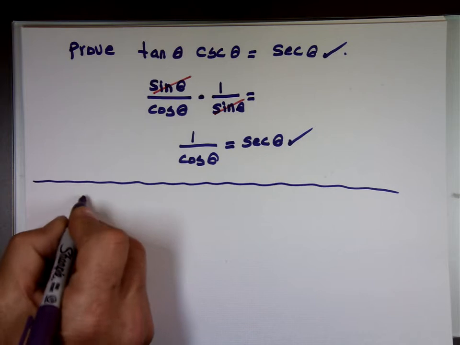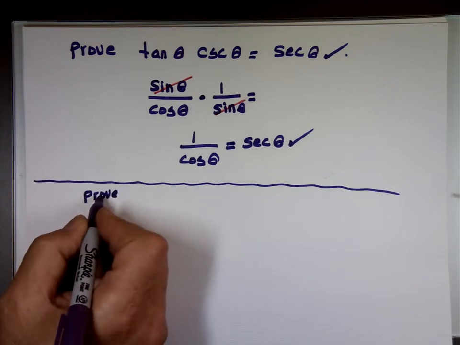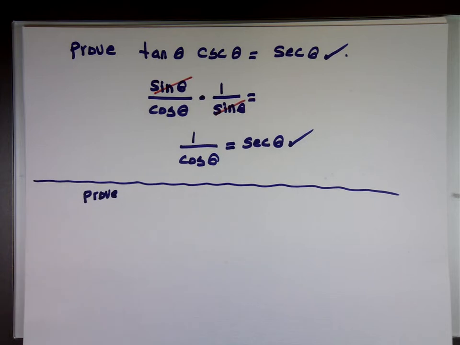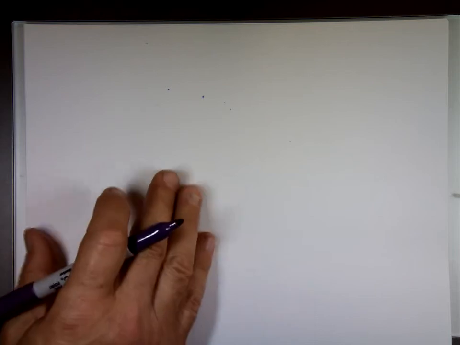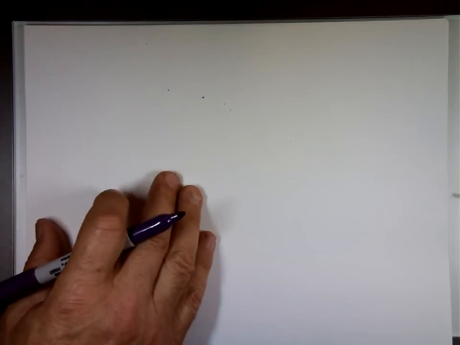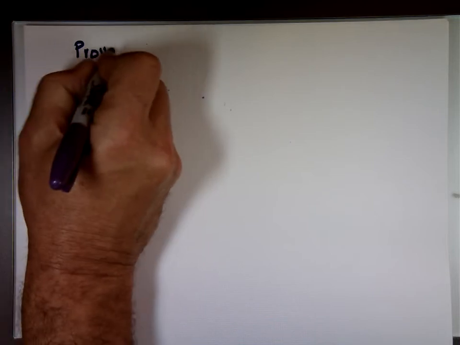Prove... you know what? Let me go on the next page. Might require a full page. The next one. Oh, fantastic. There we go. I don't know if it requires a whole page, but it looks like an ugly one, so I'll save a lot of room for it.